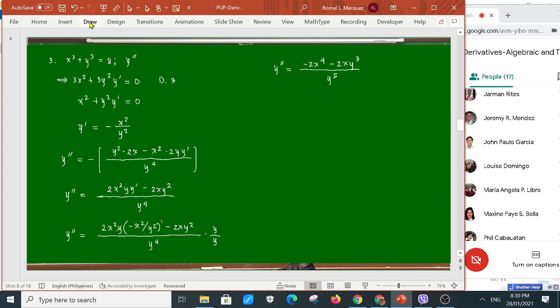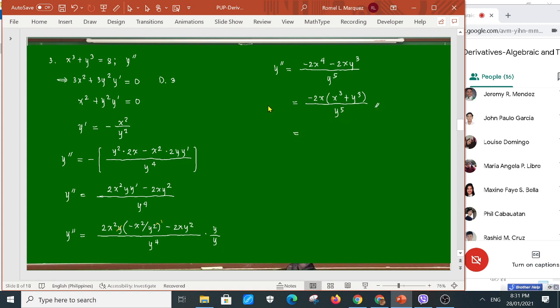Meron pa ba? Tingnan natin kung pinaktor, baka may makita tayong magandang kahinatnan. Negative 2 times x, ano yan? X cubed plus y cubed. Tama ba yan, Jan Paulo? Actually, ito na yung sagot.